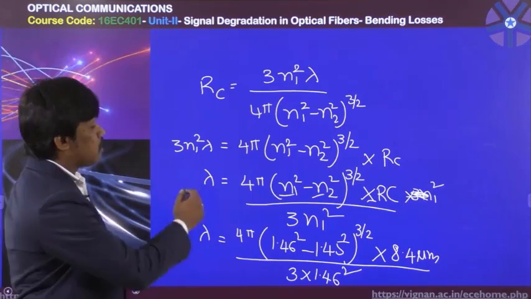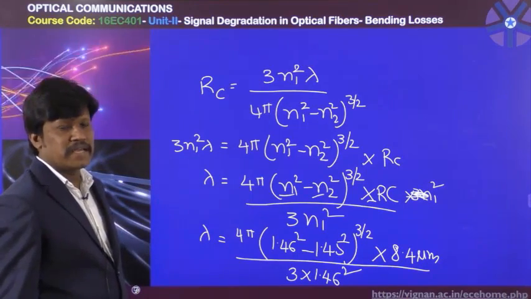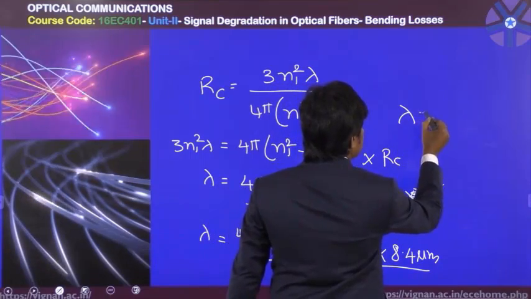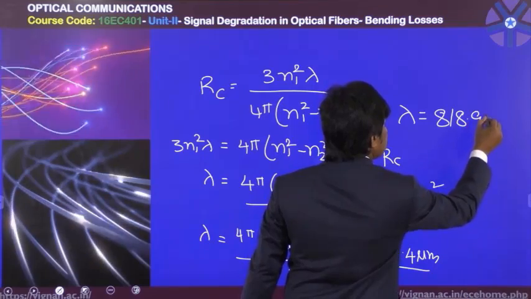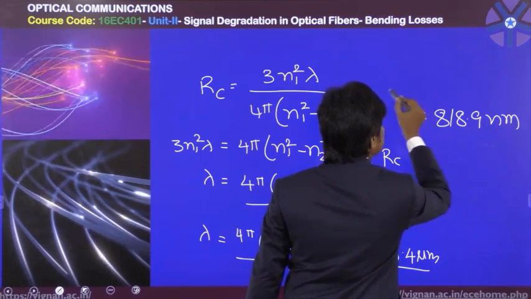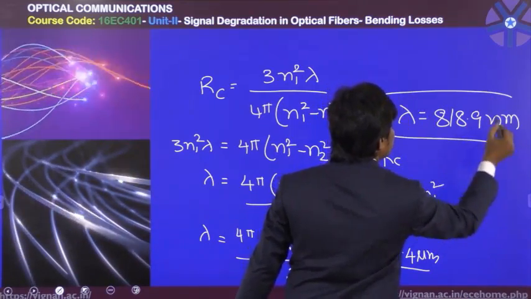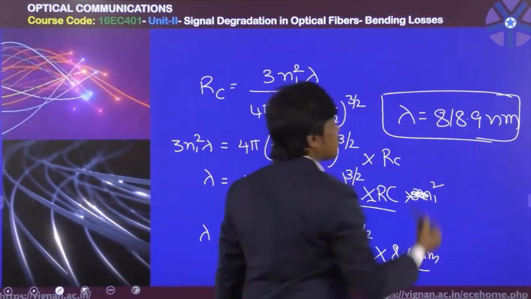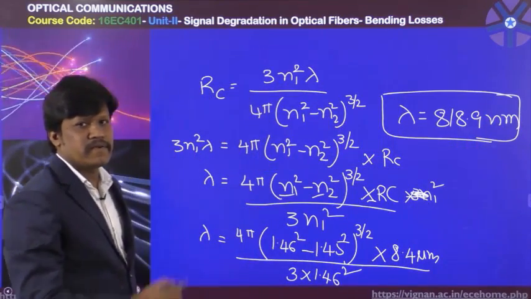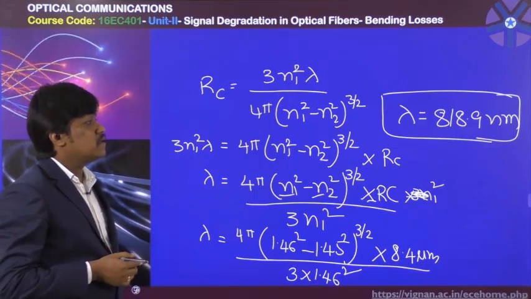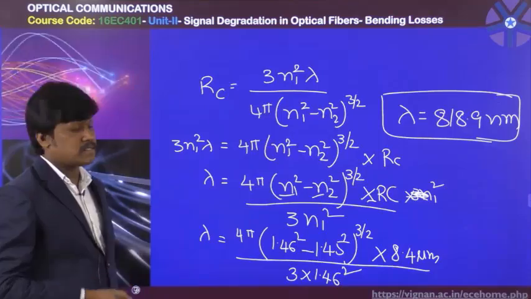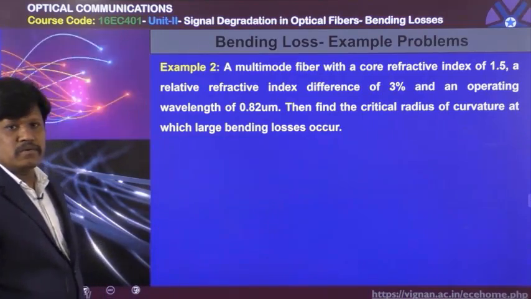After calculating, we get wavelength lambda equal to 818.9 nanometer. So the wavelength of the transmitted light is 818.9 nanometers.